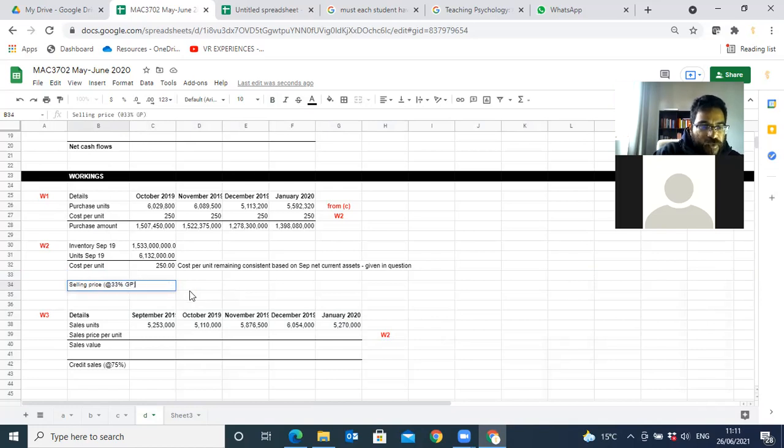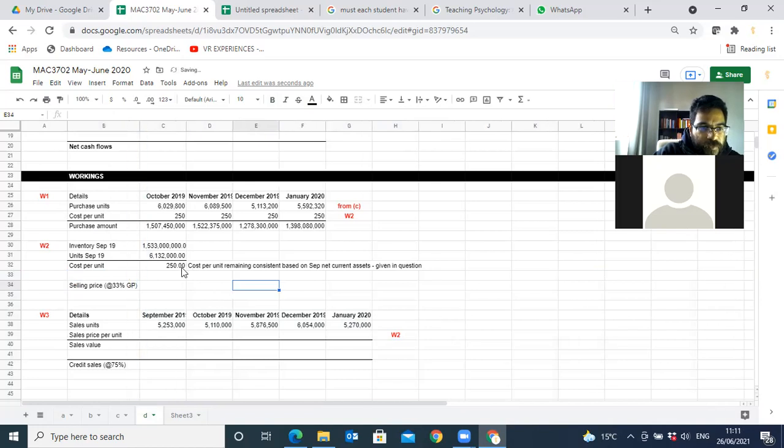Let me try to think quickly now. Cost would be, if selling price is 100, cost is 67, with GP being 33. Okay, so I'll get my bearings straight quickly.